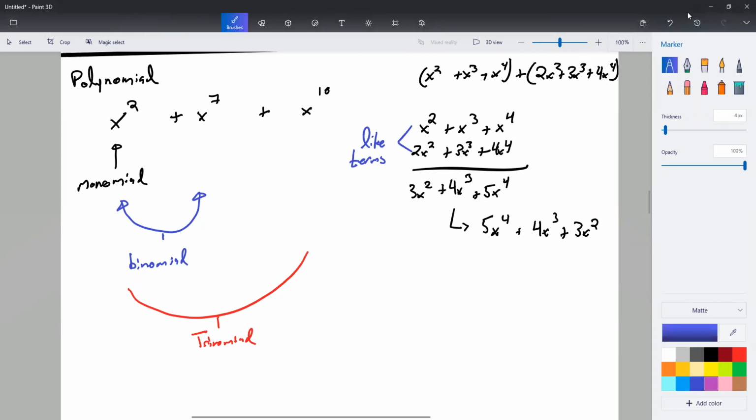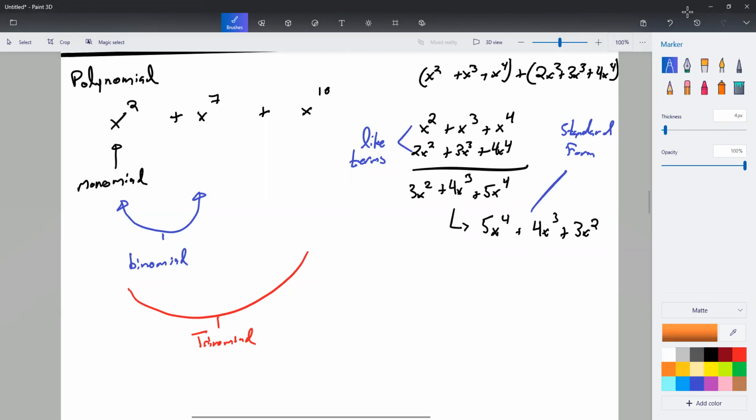This notation, where I write it with the largest exponent up front and the smallest one in the back, is called standard form. Standard form is nice for a whole lot of reasons, but the main one is that if you write everything that way, it makes addition, subtraction, and multiplication much, much easier.